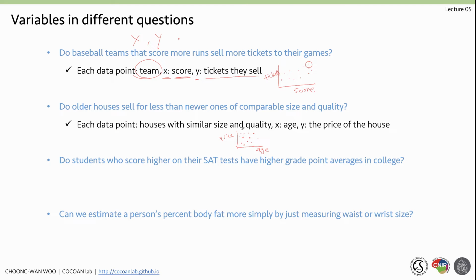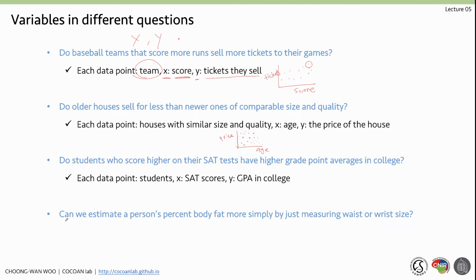Okay, I think it should be a negative relationship: older houses, lower price, I guess. And the next question is, do students who score higher on their SAT tests have higher grade point averages in college? In here, each data point should be a student, and x is SAT score, y is GPA in college.